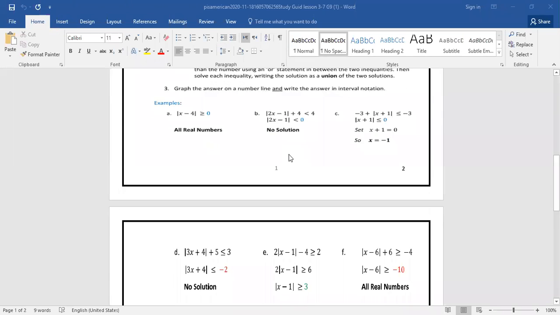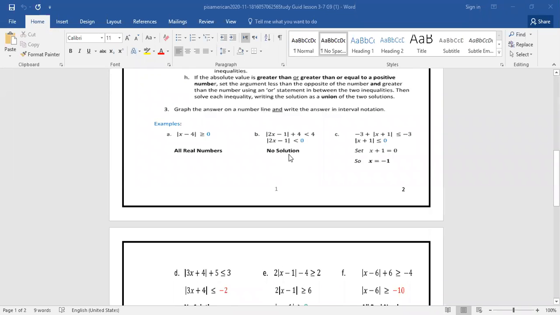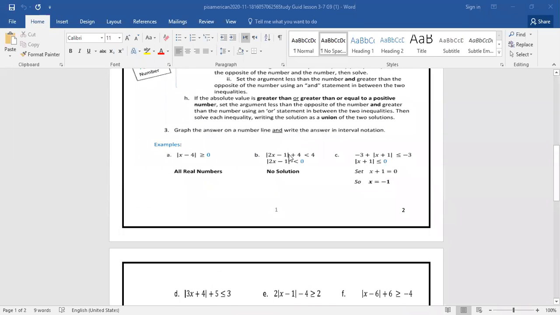Let's move to another question. Please try to solve questions D, E and F. Please copy them in your notebook.